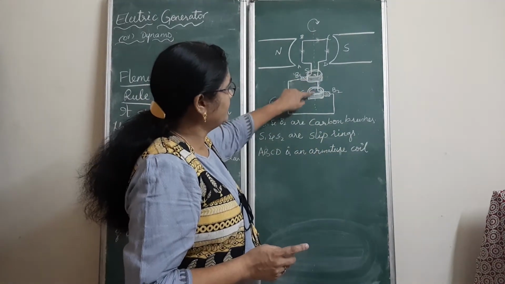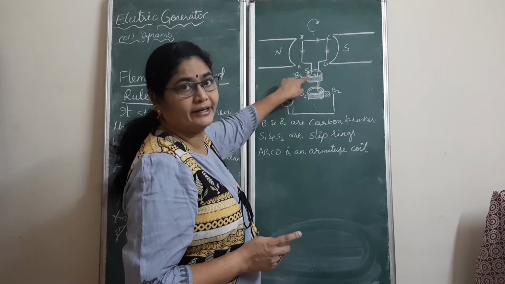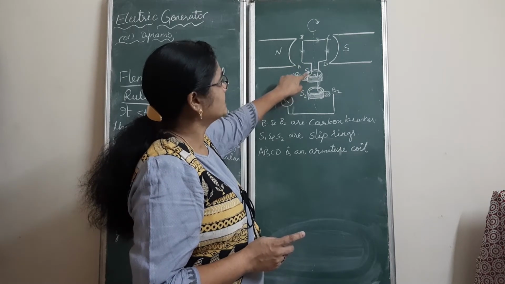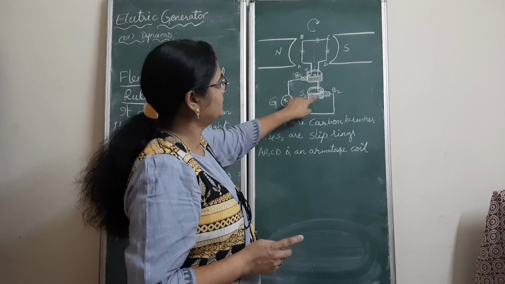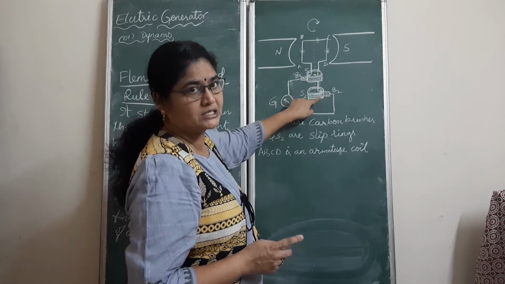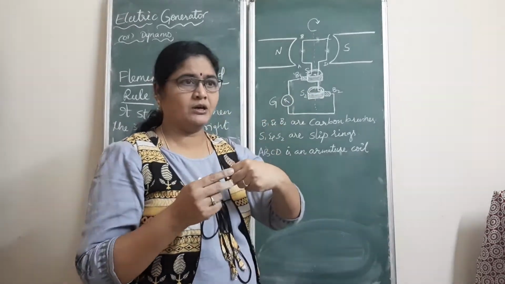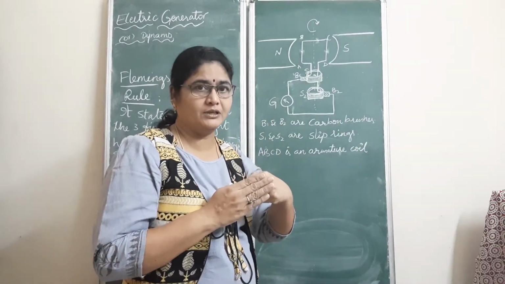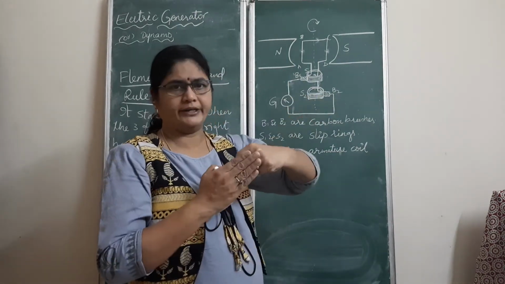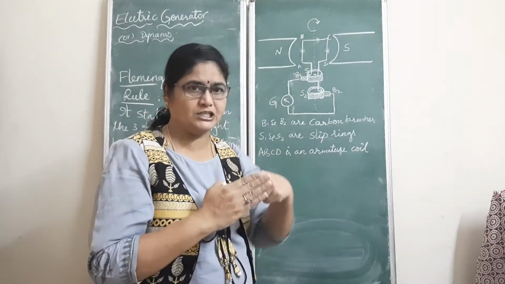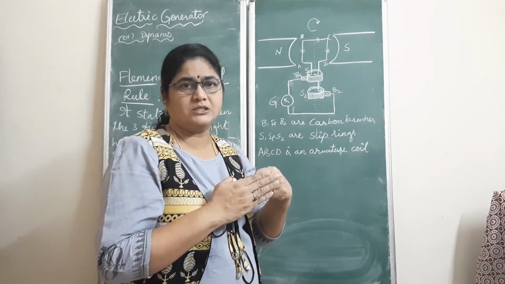One end of the coil is connected to the slip ring S1, and the other end of the coil is connected to the other slip ring S2. These two are in contact with the carbon brushes B1 and B2. They are just in contact; B1 and B2 are not attached to the rings.